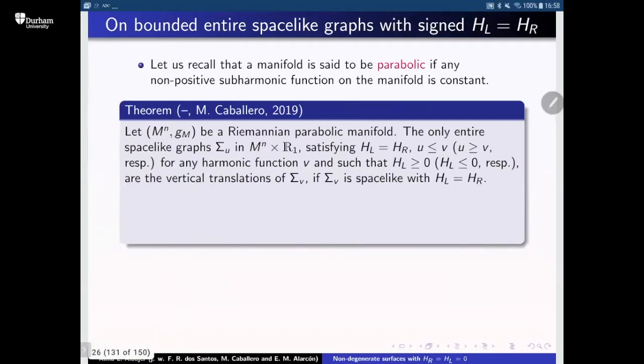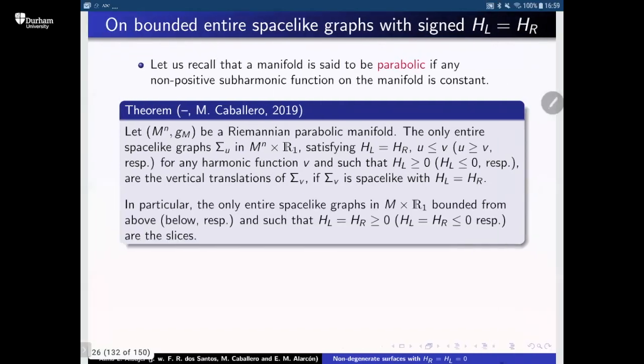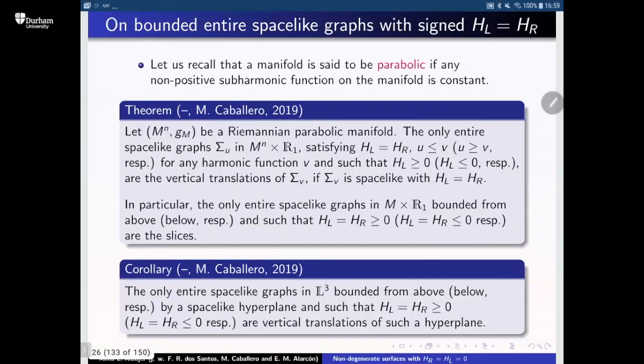Under this assumption of parabolicity of the fiber, we could also get a result related to those manifolds which have the same mean curvature. And well, we get a general result for products, which is the one that I am showing here, but I will say just the corollary in L3.